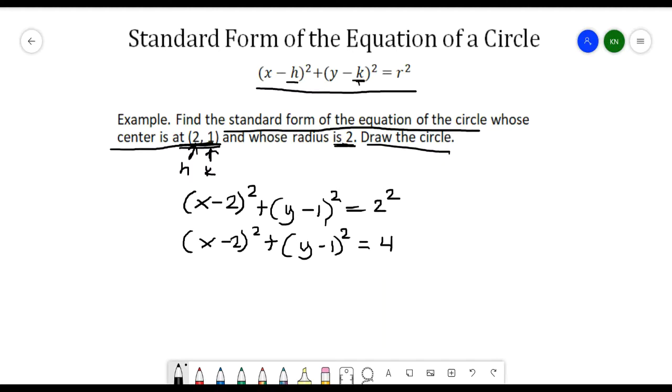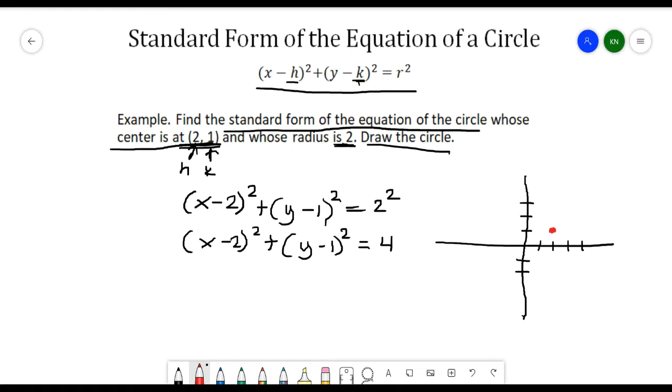If we try to draw our circle on the Cartesian plane, we have 1, 2, 3, 4, and 1, 2. Let's draw our circle first by plotting the center point, which is at (2, 1).